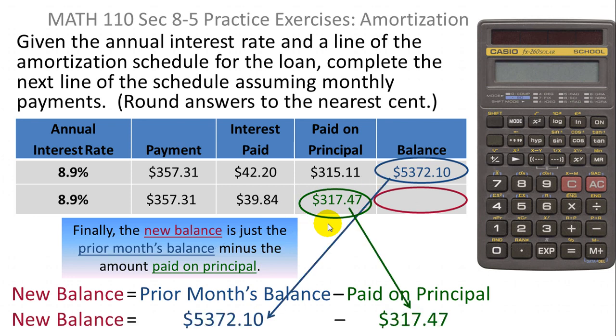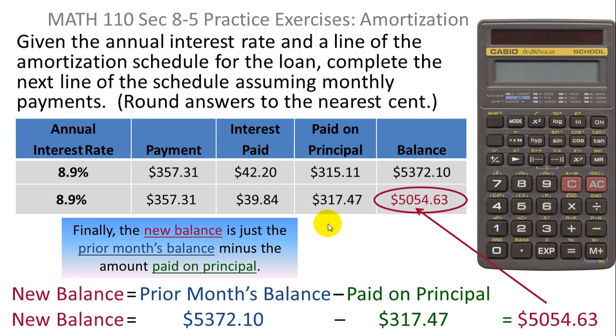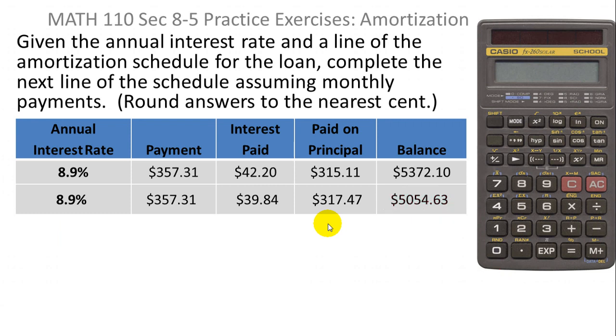Do that calculation and you get $5,054.63. So after those 2 months, we only owe $5,054.63. And we completed the table. It's just that simple.